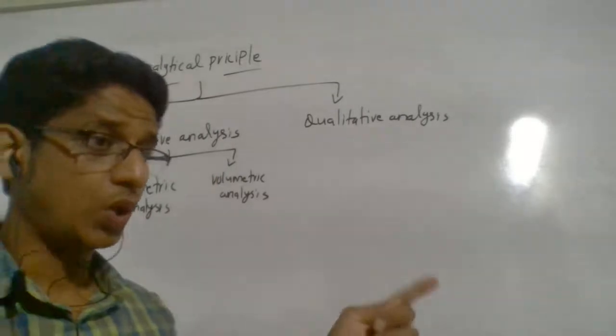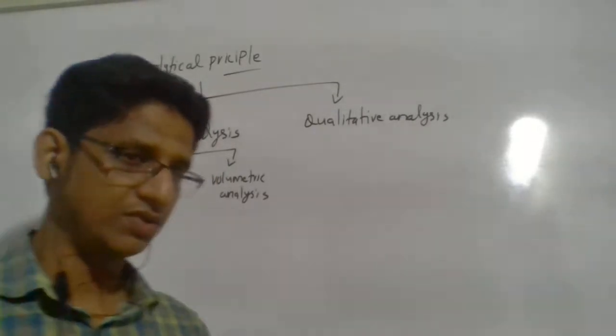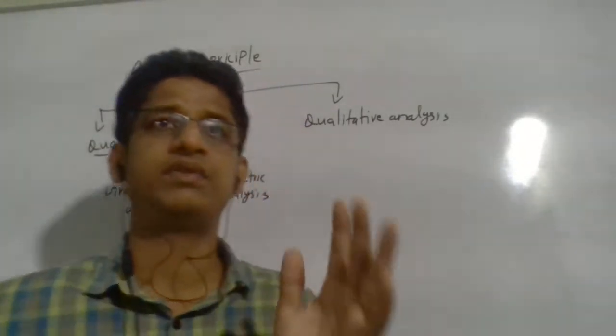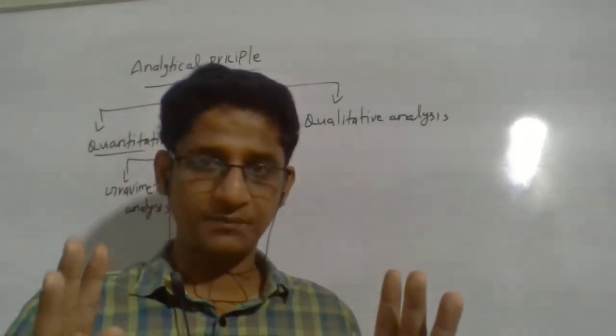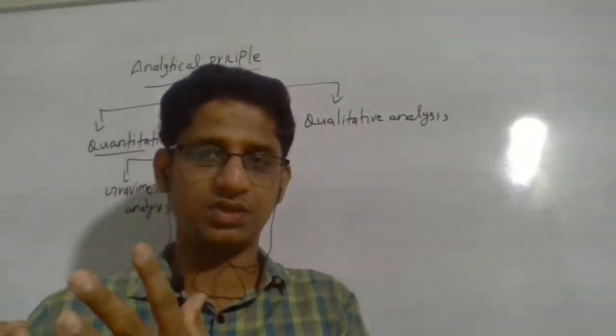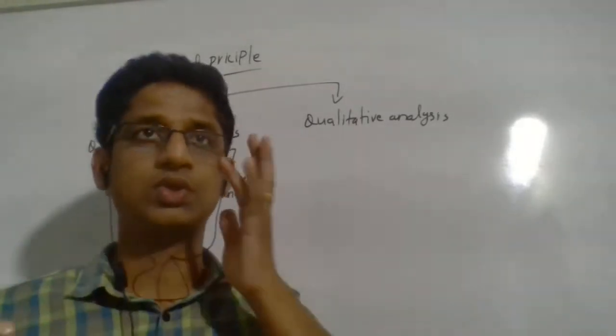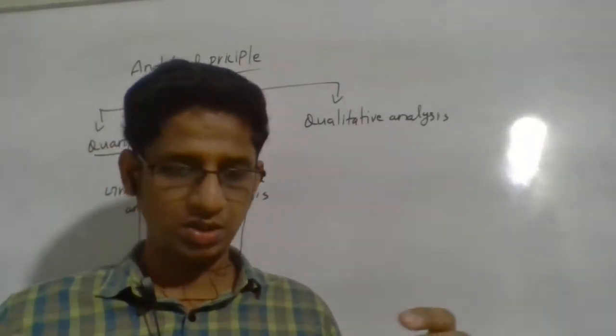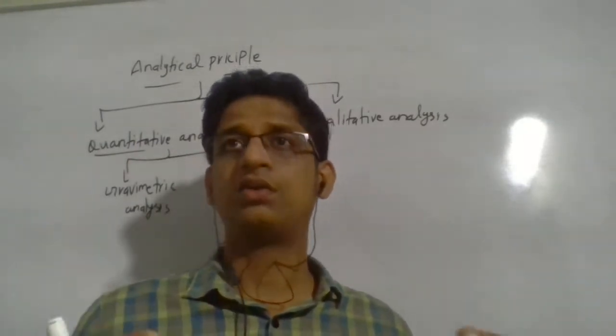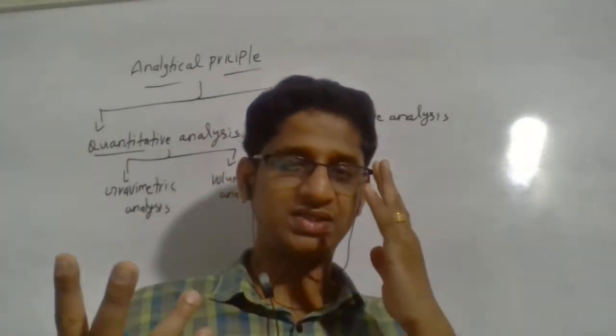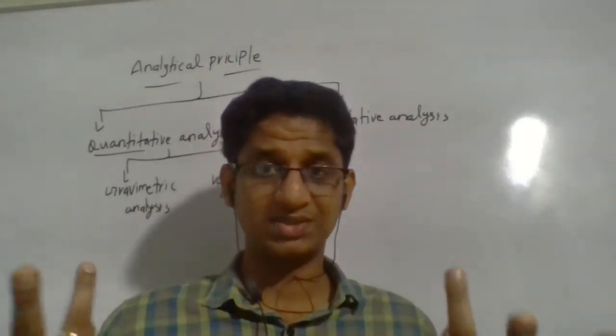Now let us discuss qualitative analysis. Qualitative analysis is different, where we focus only on what components are present. We are not bothered about the amount of substance. For example, you are given a common salt, whitish in color. We don't know whether it is a common salt or not.